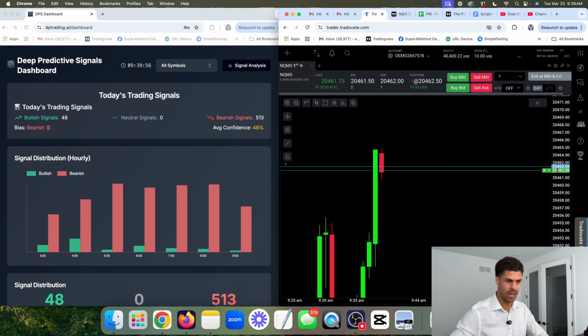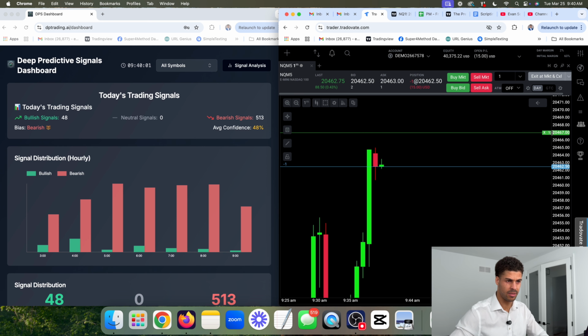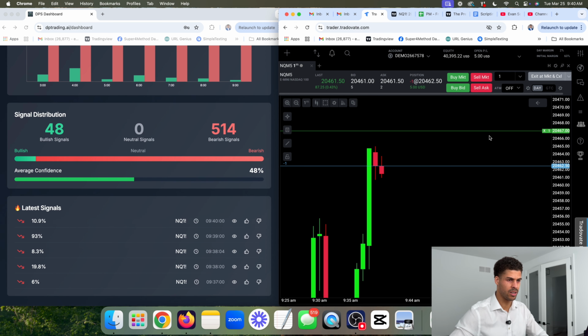Just need it to hold at a certain level here. I don't want to set it and then it gets hit. New signal here is a short with really low confidence. Good, but oh God, we'll take that. But man, it wasn't great.